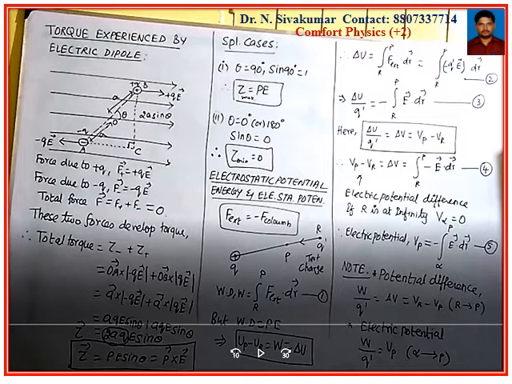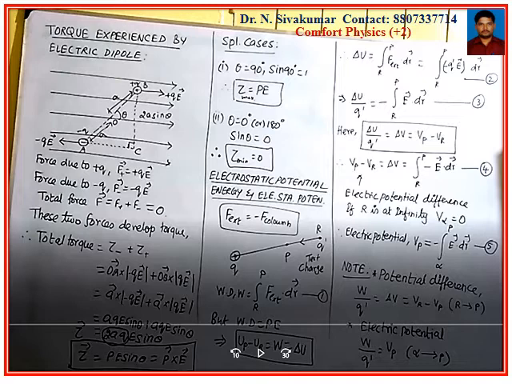Now OA is a, and OB is also a. Therefore, according to the cross product, A vector cross B vector is equal to AB sin theta. Therefore, here aqE sin theta plus aqE sin theta. Magnitude wise, both the charges are the same.